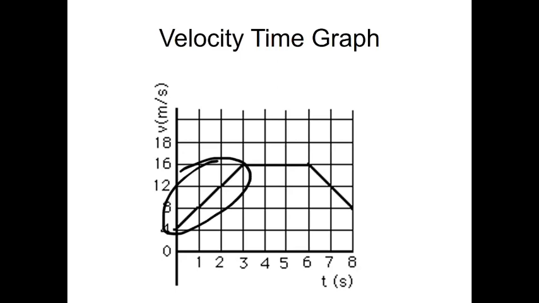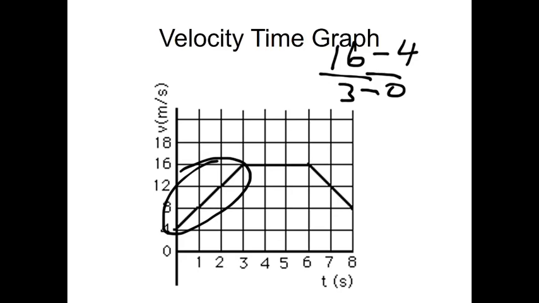So let's find the slope of this section of the graph. At 3 seconds, our velocity is 16 meters per second. So we're going to say 16, y. We'll put the 3 as an x. Going to find the slope. So at 0, x equals 0, our y coordinate is 4.